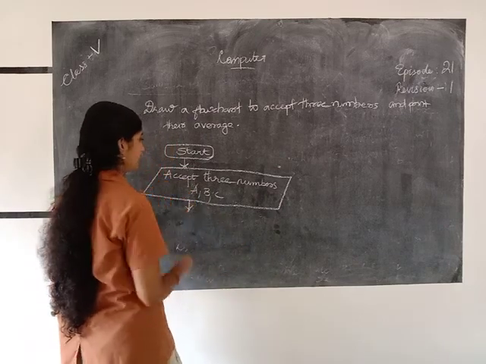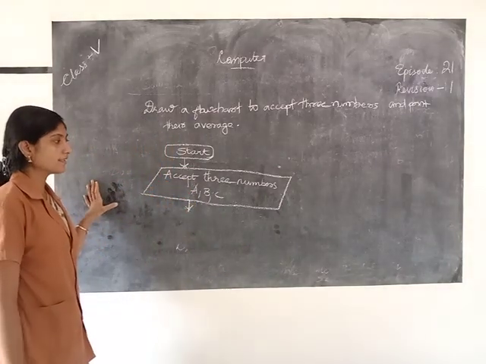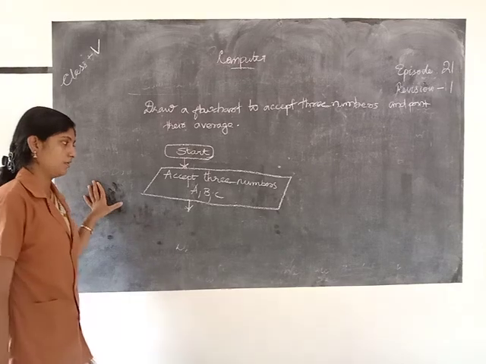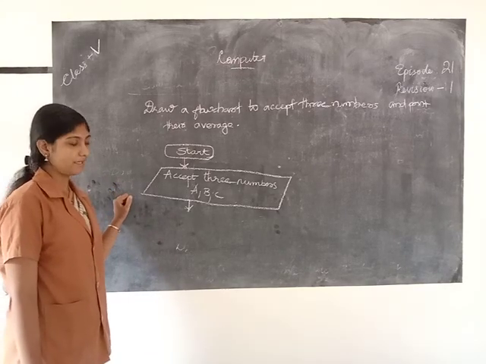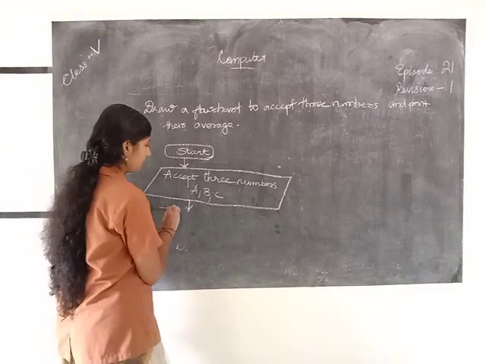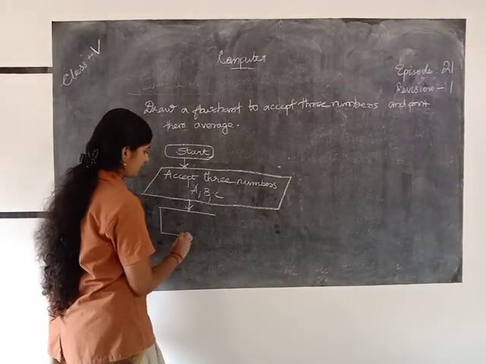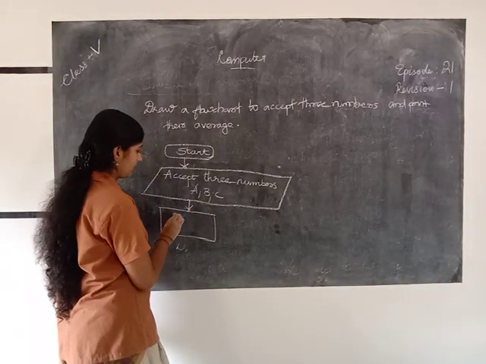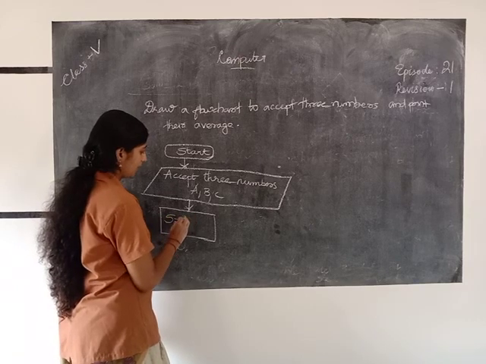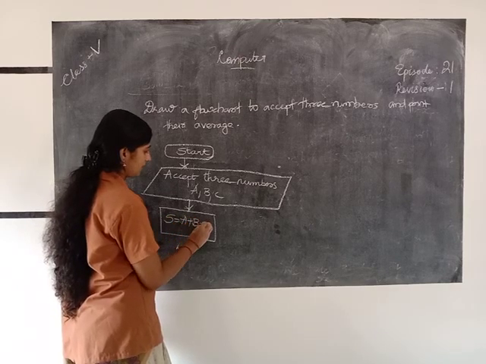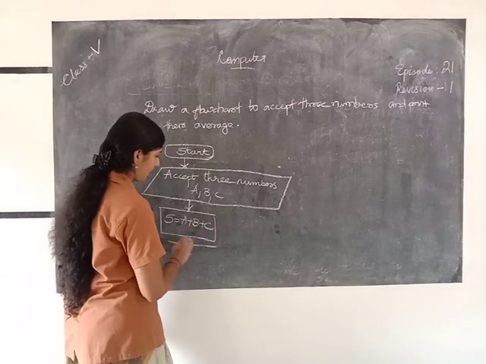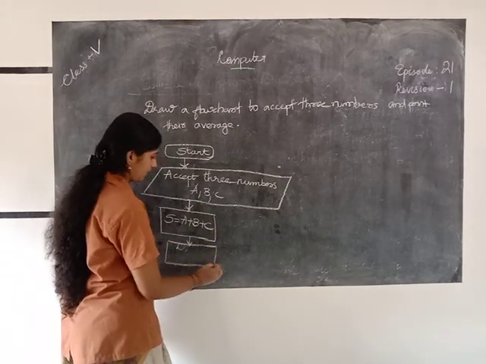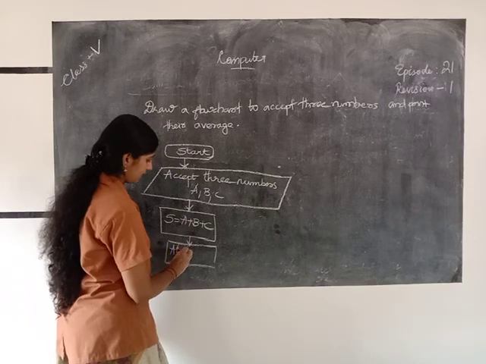Yes. Then next is to process the values. That means here we have to find the average. So first we need to find the sum. Let's take a variable S equal to A plus B plus C, and find the average, that is AVG equal to S by 3.